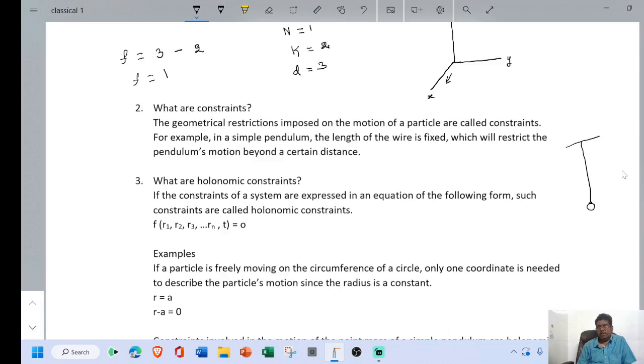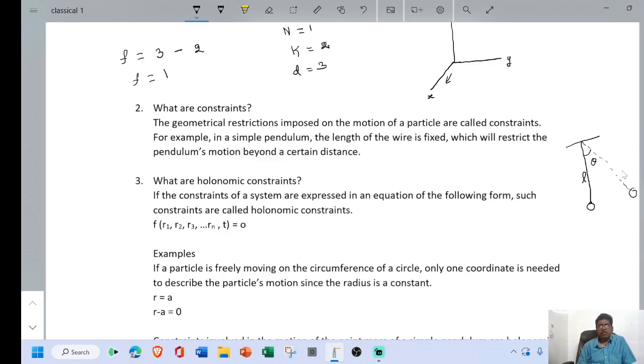A ball attached at the end of the string will constitute a simple pendulum. Here this length is fixed, which will restrict the pendulum's motion beyond certain distance. Only with the help of this length, the pendulum is making its displacement to certain extent. Here the constraint is the length of the pendulum.